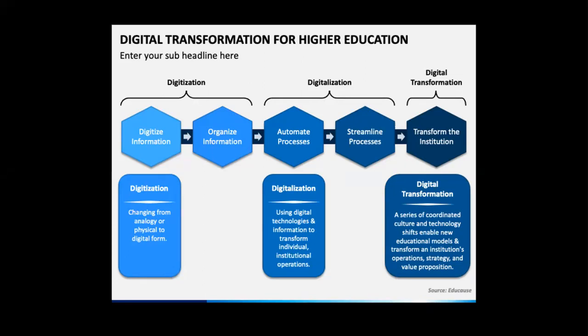It is fully digitalized. And digital transformation means a series of coordinated cultural and technological shifts, new models that transform the operation strategies, etc. So a complete transformation takes place. For example, a college initially digitized their textbooks, etc. Then they digitalized their operations, such as assignments and attendance being taken online.